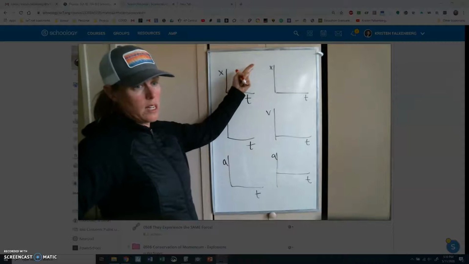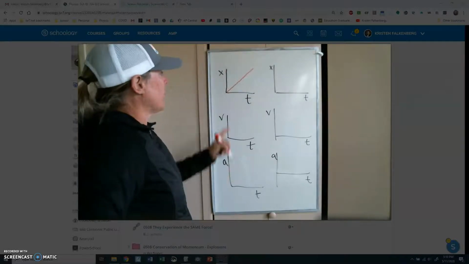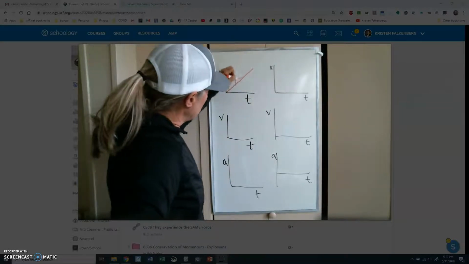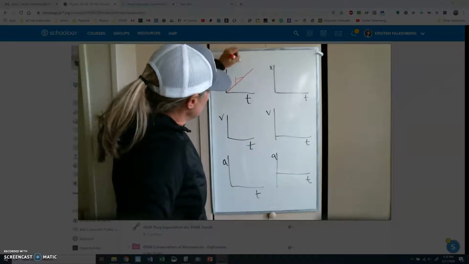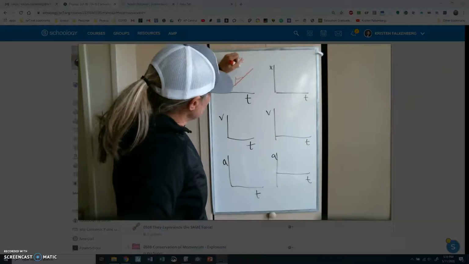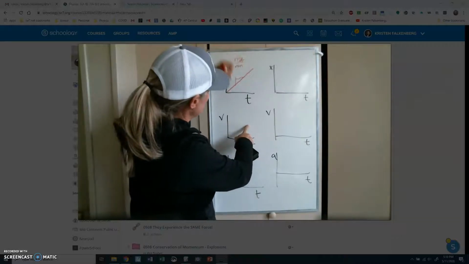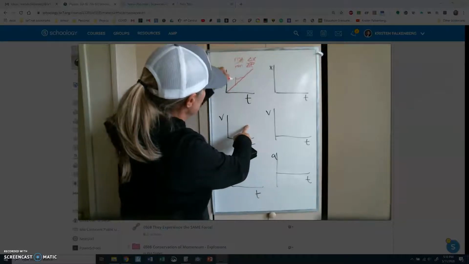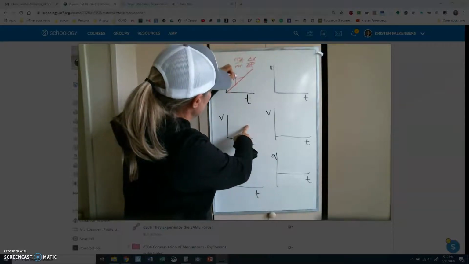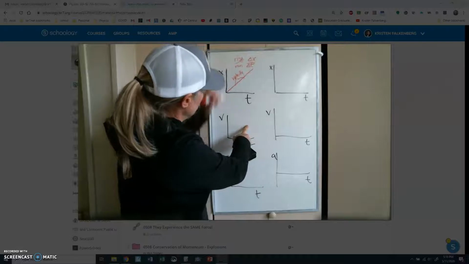slope, right? And that constant slope was our velocity, which is our rise over run, right? For this graph my rise is change in my position over change in time. This is my velocity, right?